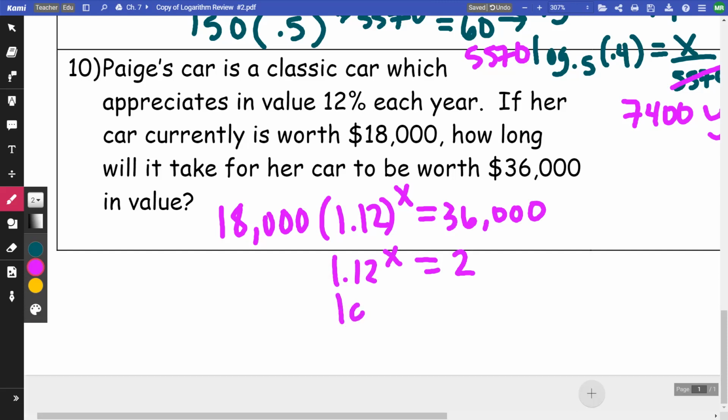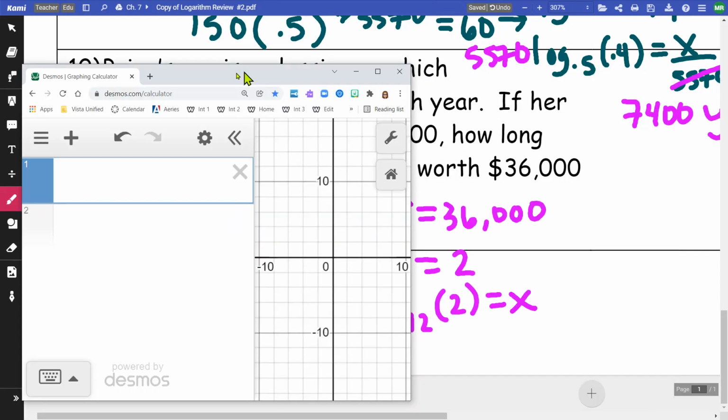I'm going to rewrite this in logarithmic form: log base 1.12 of 2 equals x. And I can put this into my calculator.